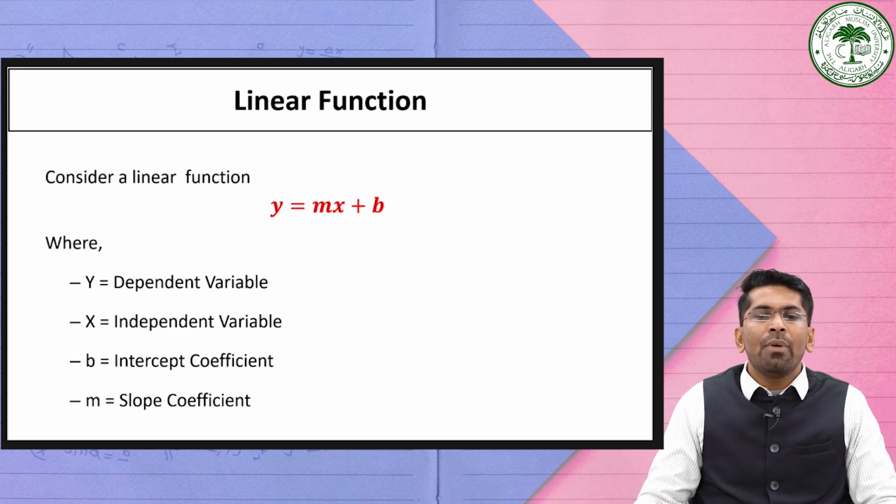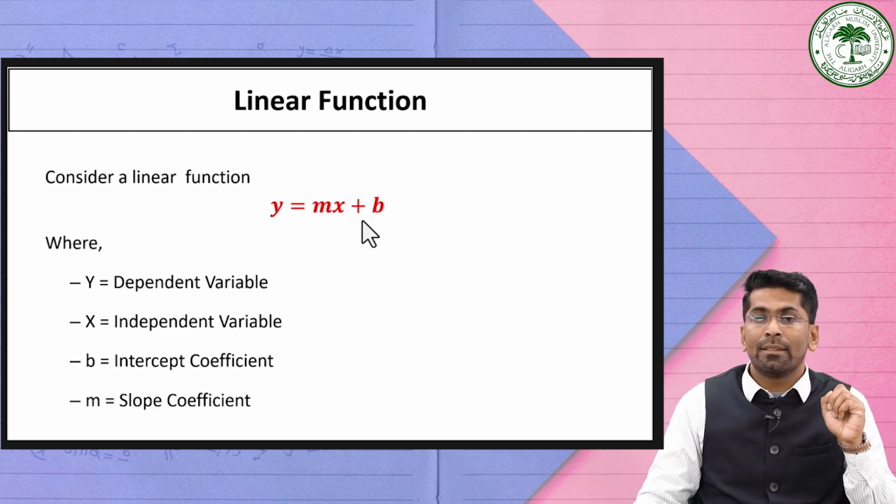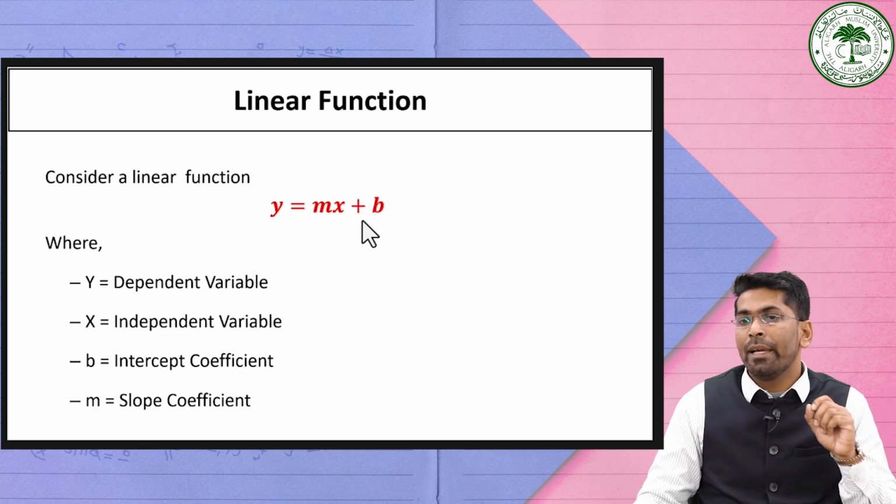When the linear function is plotted on a graph, it possesses two features. One is the slope, that is m. This we call the slope coefficient. The second one is the point where the straight line intersects the y-axis in a particular graph.